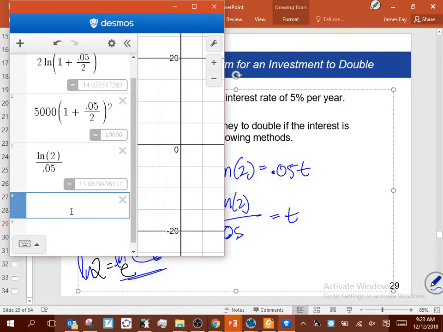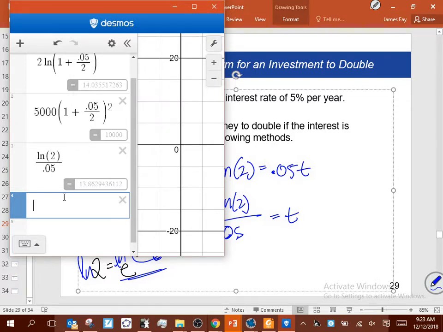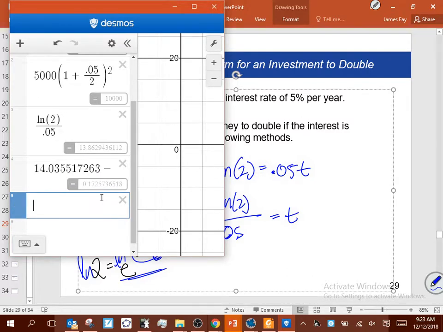So sometimes the question is, what's the difference, how many years difference in regards to compounding semi-annually to compounding continuously? So can I just take that number there and subtract from it that number there? And I get that. Does that make sense?